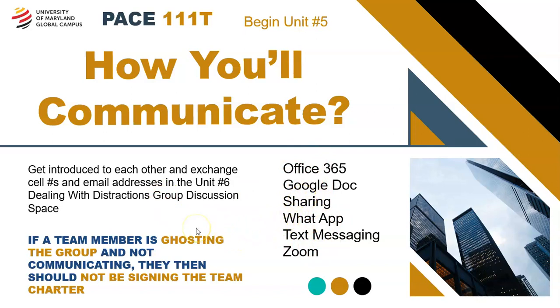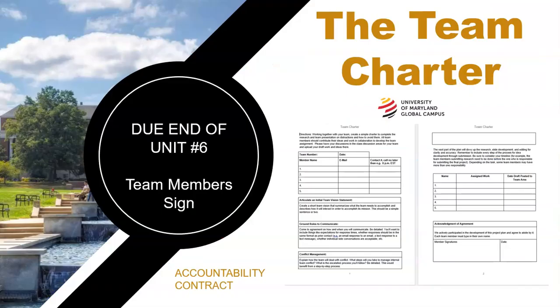Be sure that if you have any team members that are uncommunicative, they're not communicating, they're ghosting the group, that they do not sign the team charter. And the team charter is due the end of unit number 6. So this is basically an accountability contract.